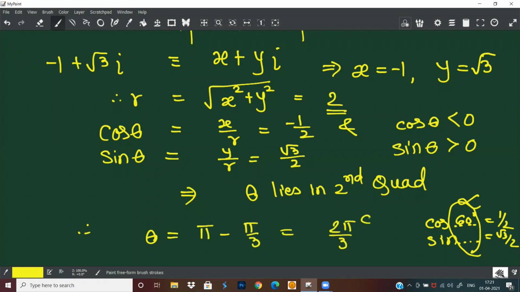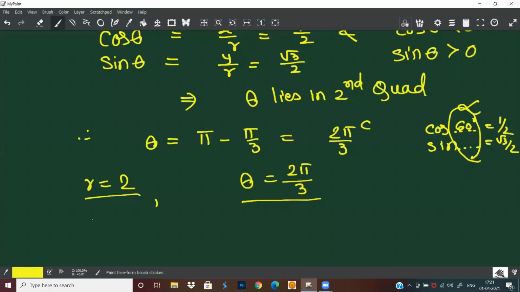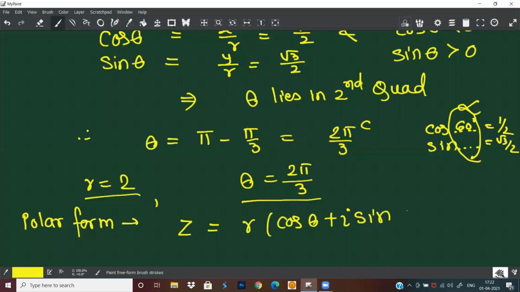So to write in polar form, I need r and I need theta. All of you clear? So how do you write the polar form of any complex number? We write it as z equals r into cos theta plus i sin theta. Perfect. Very good.